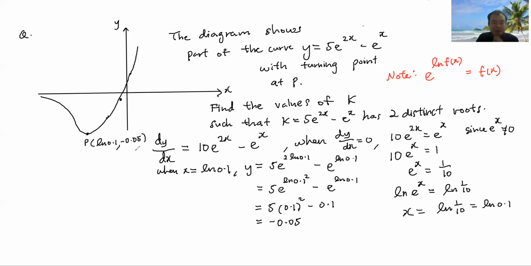Right now we're going to try drawing horizontal lines. Let's test a few and see how it goes. Let's say I draw a horizontal line here, something like that, and this is y equals negative 0.05.